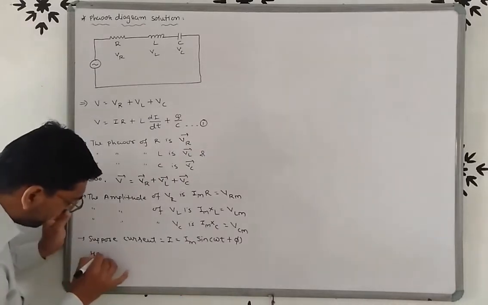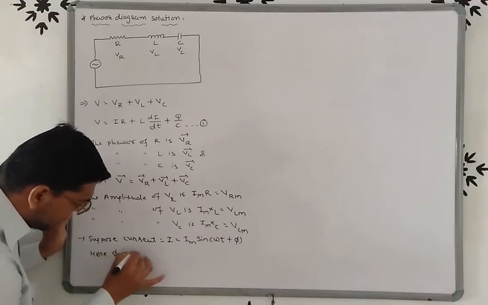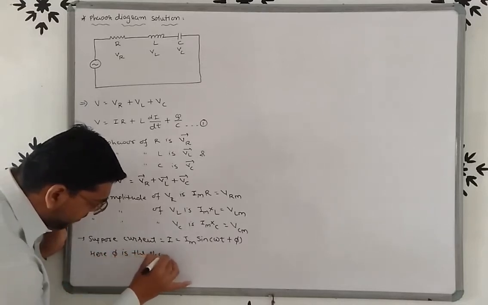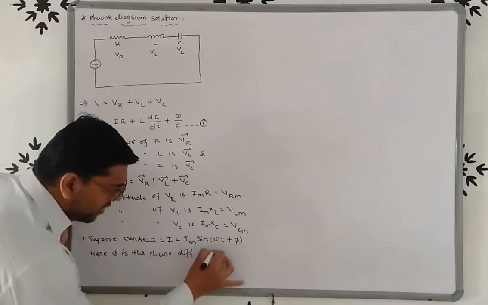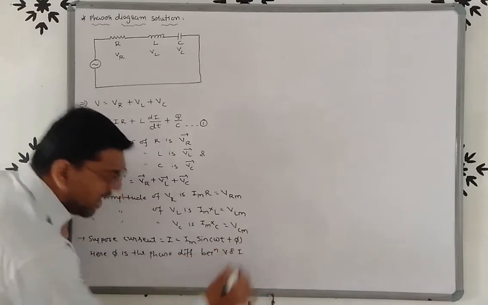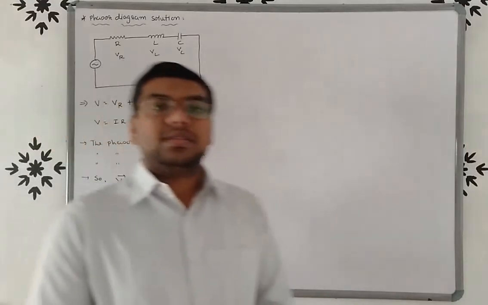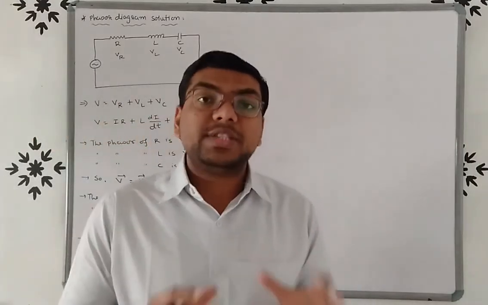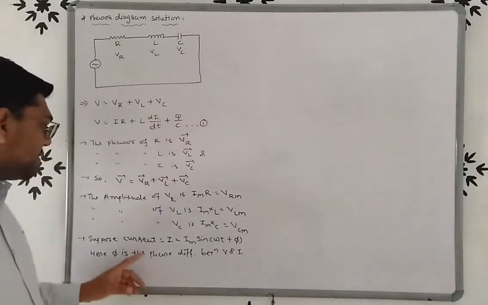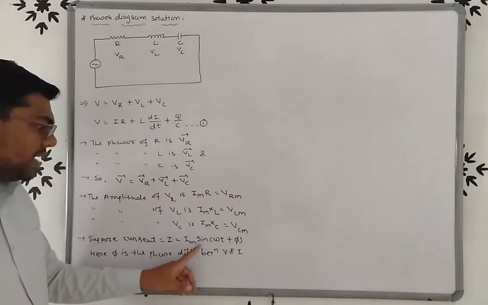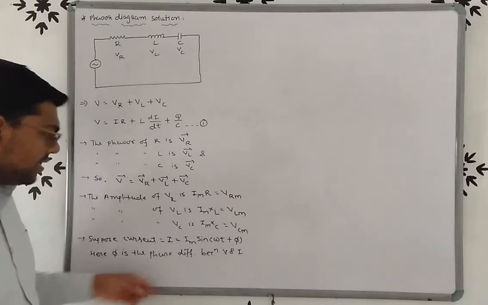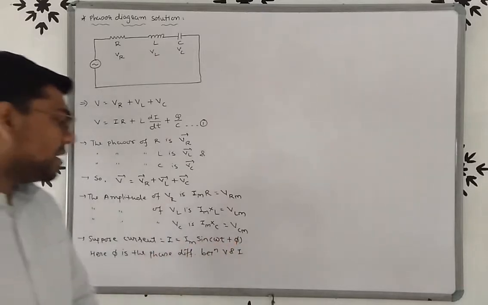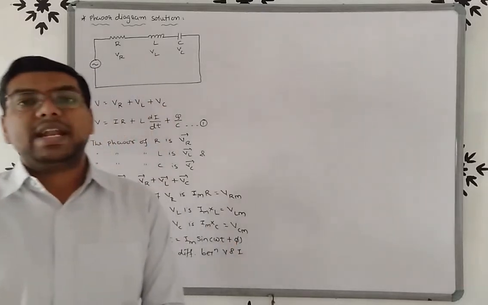Here phi is the phase difference between V and I.